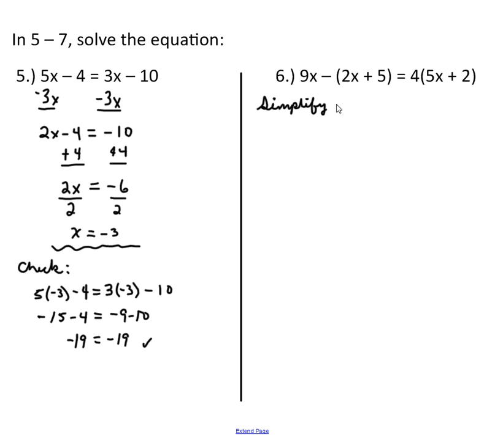So simplify on both sides is always the first step if it needs it. All right, so let's see.